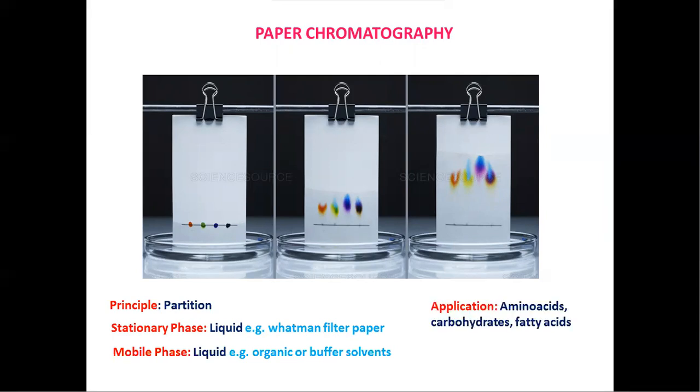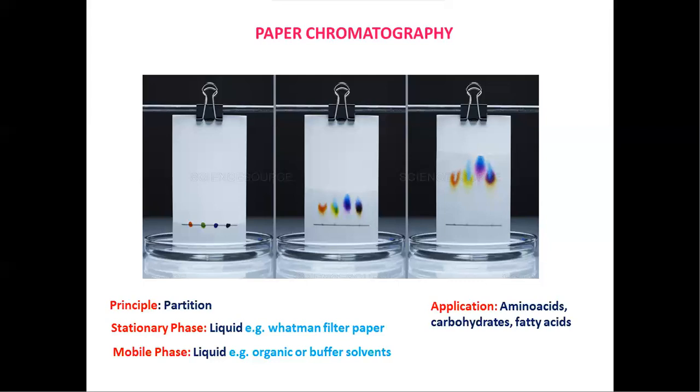These are the samples that we are separating here by using paper chromatography: amino acids, carbohydrates, and fatty acids, etc. But the important thing is we use specific detecting agents or visualizing agents to identify the spots. Sometimes those spots are visible. For example, if we take ink, we will get separated, different colors, so we can easily identify them.